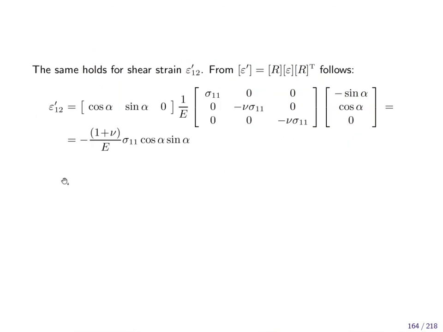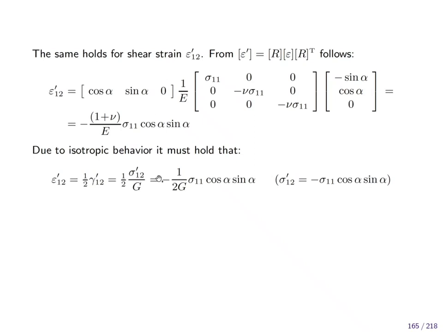Now, we do the same for the strain. That one looks a tiny bit more complicated. It has also the sigma 1,1 cosine alpha sine alpha as the stress had before. Now from the definition of shear stress to shear strain, we know that G is mediating between a shear stress and the shear strain.